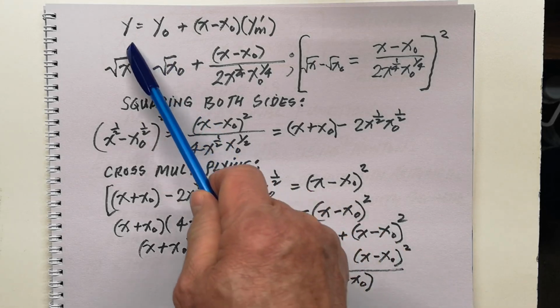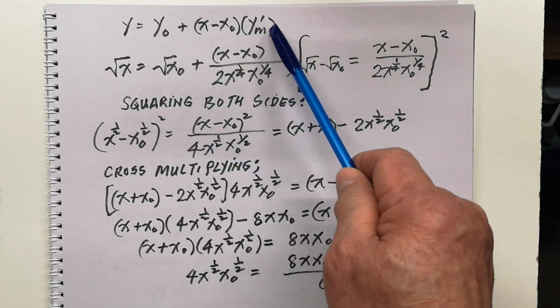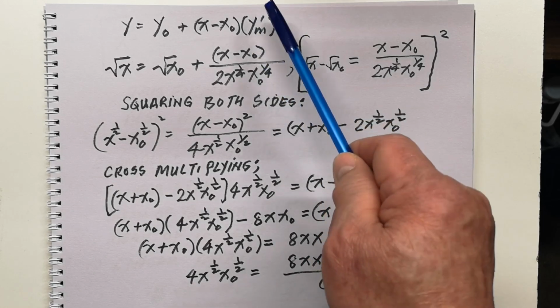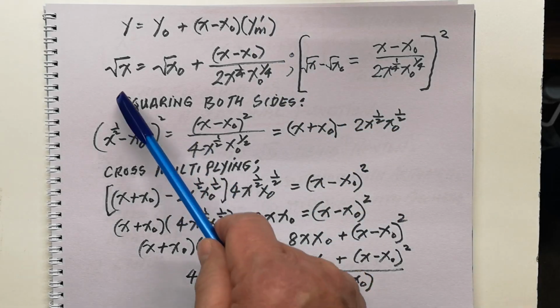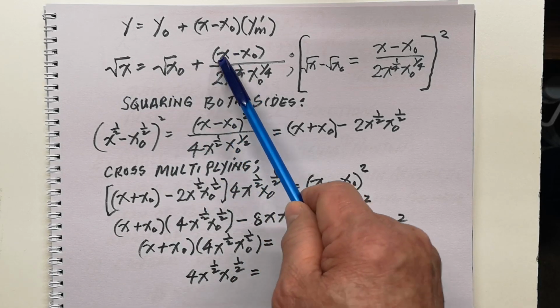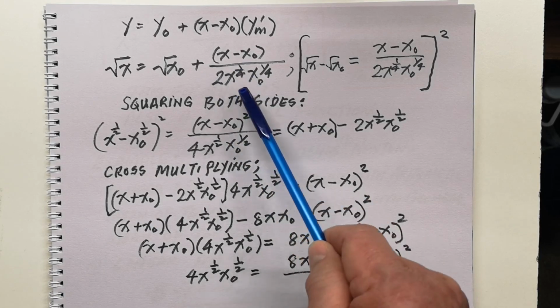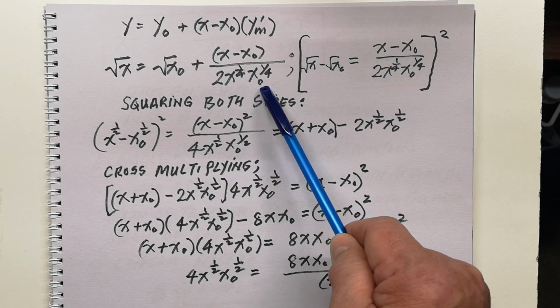Substituting into this formula, y is equal to yo plus delta x times y prime, the mean y prime. So square root of x is equal to square root of xo plus delta x divided by 2x to the 1/4 times xo to the 1/4.